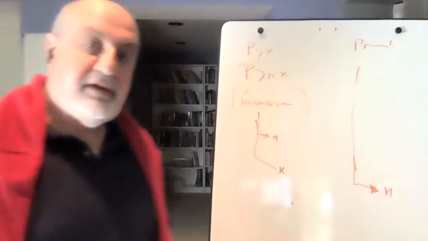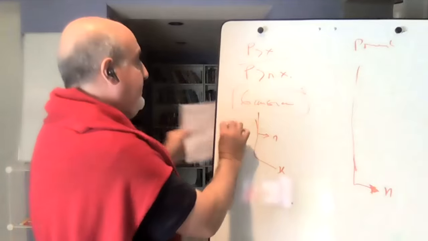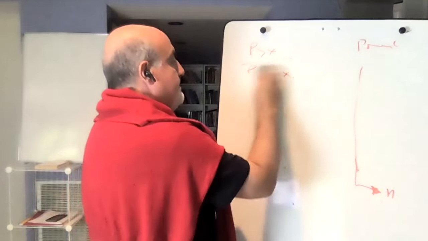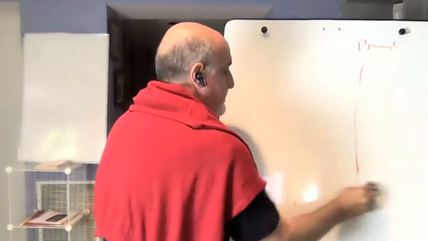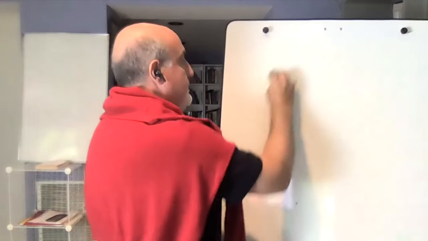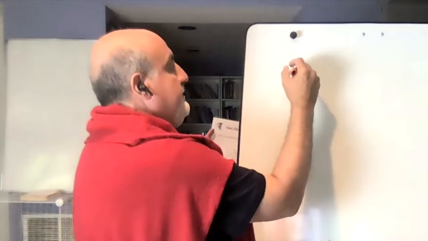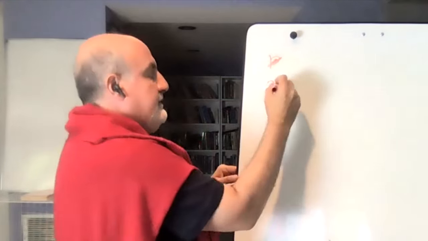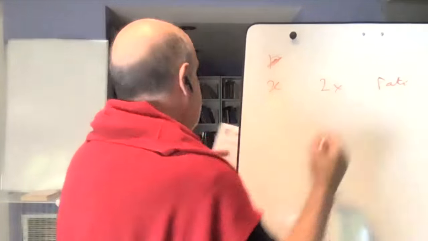Let me give you another example with a Gaussian. The probability, this is x, 2x, and a ratio.